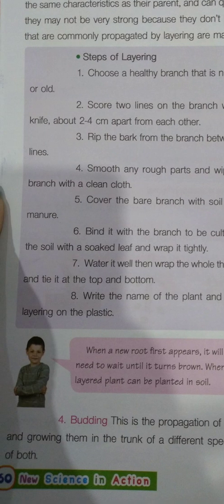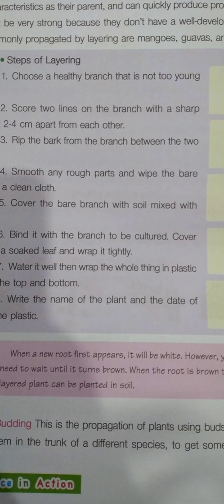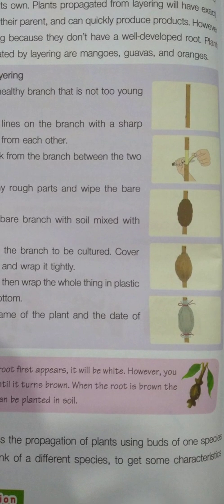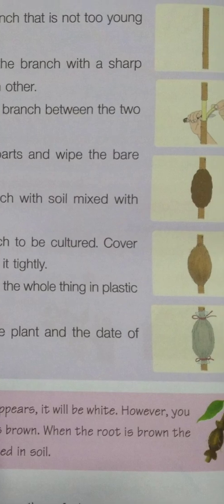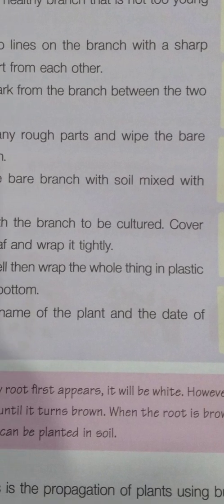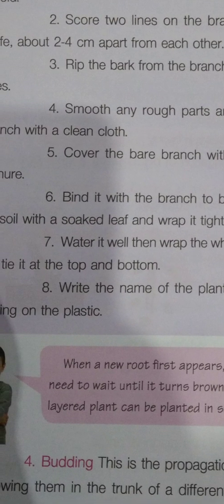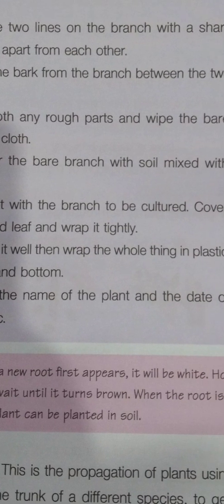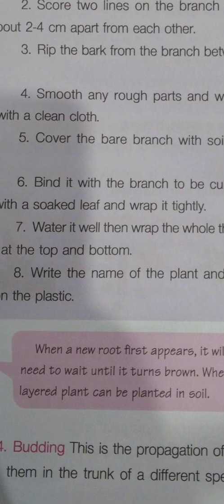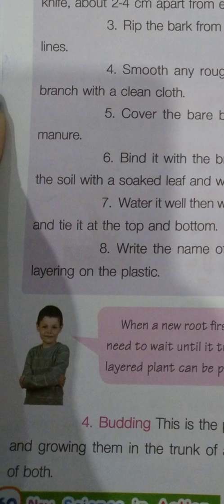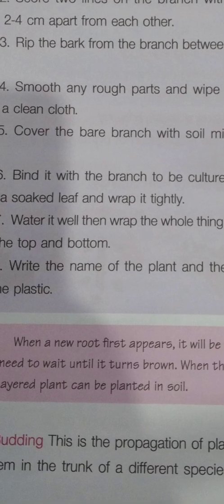Cover the soil with a soaked leaf and wrap it tightly. That's picture number 4. Then number 7, water it, then wrap the whole thing in plastic and tie it at the top and the bottom.